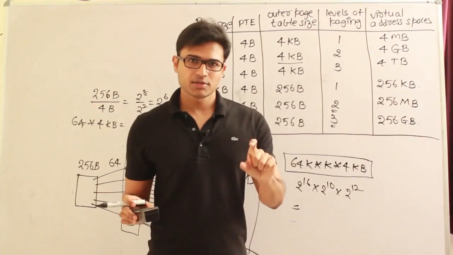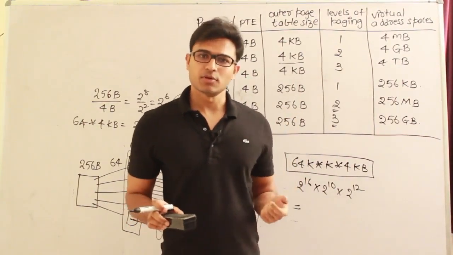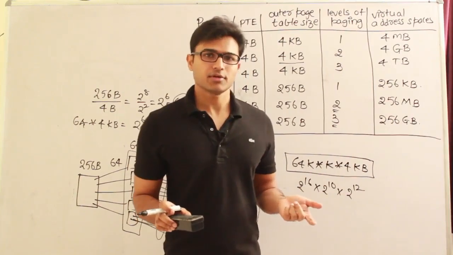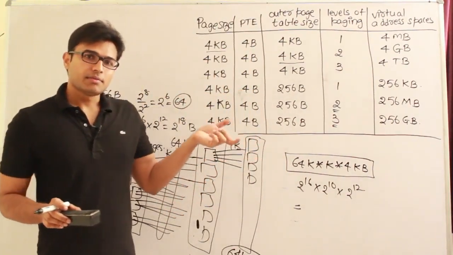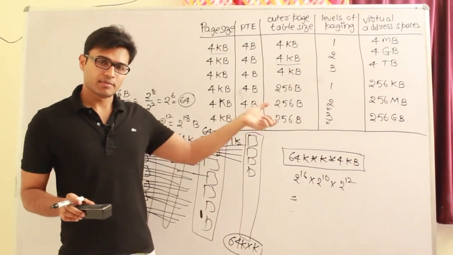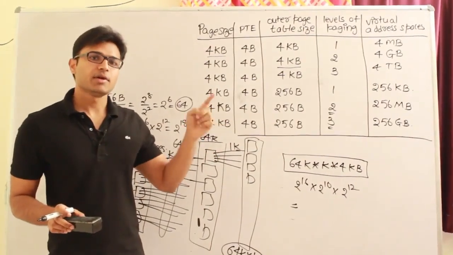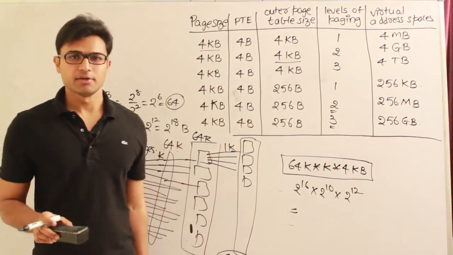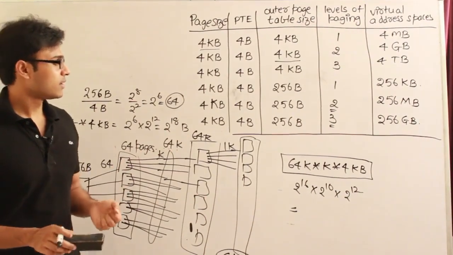Except the last page of every page table, all the other pages have to be completely full because we don't want to waste memory. Got it? Okay, here I solved this under the assumption that except the outermost page table, all the inner page tables, when divided into pages, have every page completely full. Under that assumption I solved this and I got these answers, right? Okay.